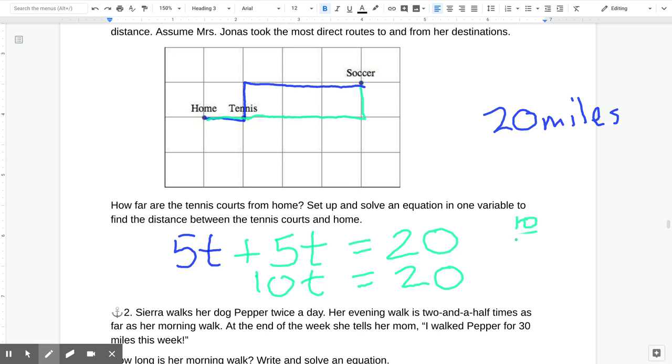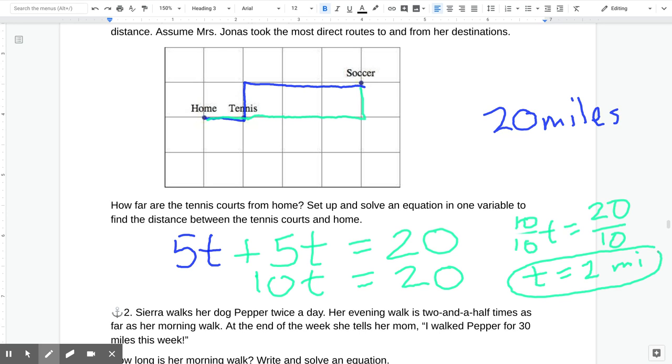So 10T over 10 on my left is equal to 20 divided by 10 on my right. And that means that T is equal to 2 miles. So the tennis courts are 2 miles from home.